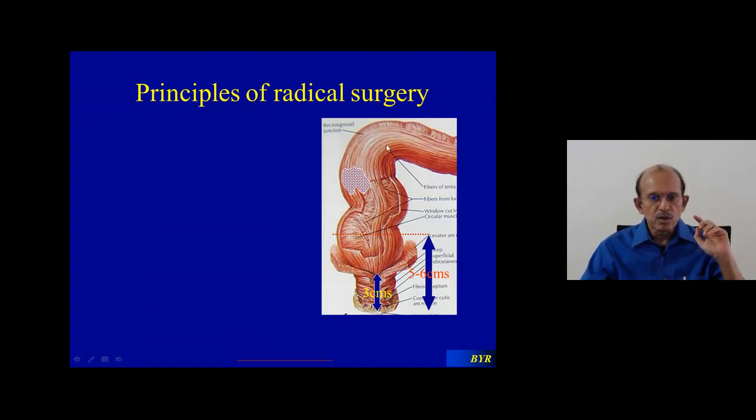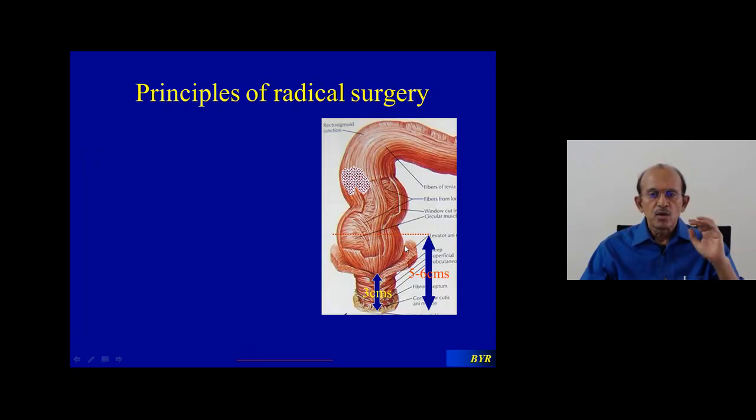Then once you remove this, the lower 1/3 of the rectum is remaining. So bring the descending colon and anastomose it to the rectum. That means you are doing a colorectal anastomosis. So for upper 1/3 tumors, this is the radical surgery. For middle 1/3 tumors, you come 2 centimeters below the growth and transect. That means roughly the lower 1/3 of the rectum also has to be removed.